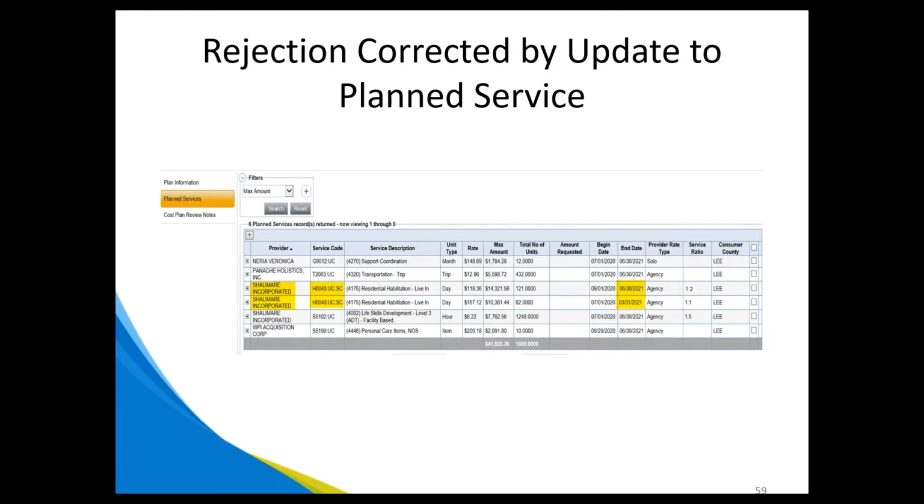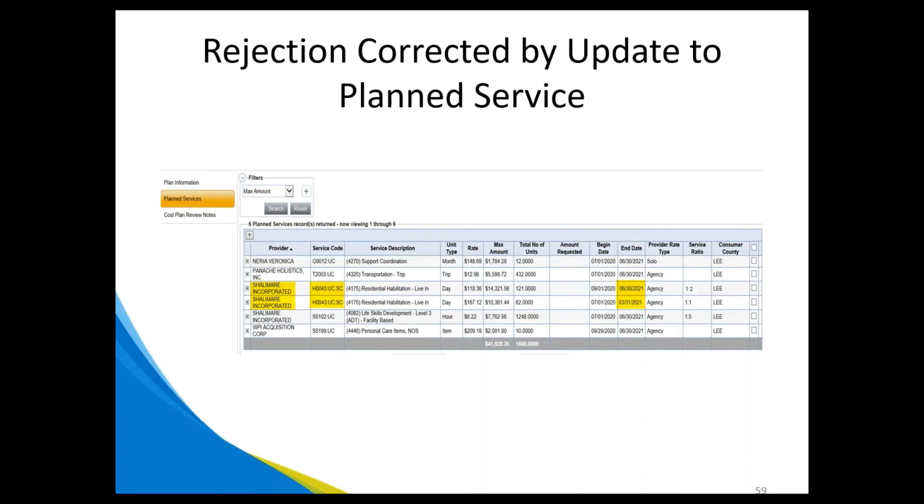In this example, what we're looking at is we've got Res-Hab Live-In with two different ratios. So we've got Res-Hab Live-In from September 1st, 2020 to June 30th, 2021 at a 1-to-2 ratio. We also have Res-Hab Live-In from July 1st to March 31st, 21 at a 1-to-1 ratio.